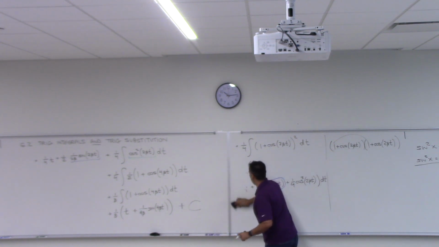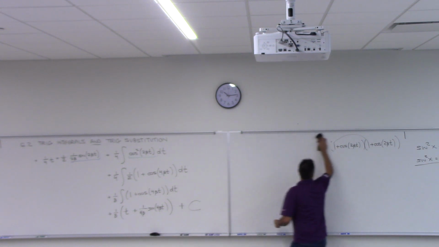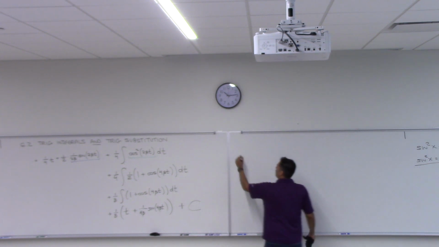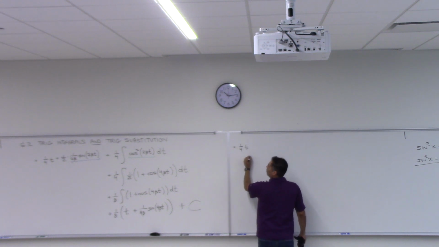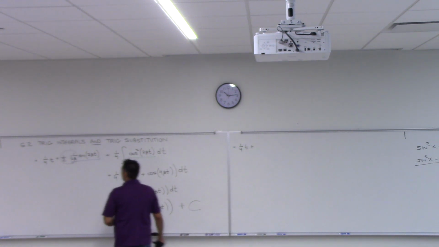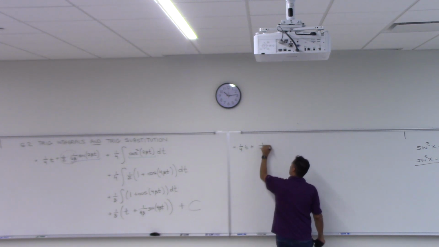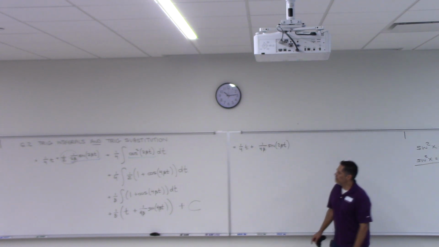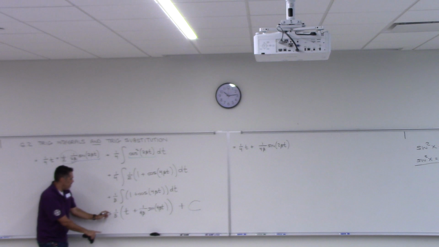Okay, so I'm ready to start putting together a final answer. See if I can fit my final answer right here. I have 1/4 t. I've got plus, okay, that's this. These multiplied together is 1 over 4 beta plus 1 over 4 beta sine of 2 beta t, all right? So that's just this and this. And now this. And I'm going to go ahead and distribute my 1/8 through.